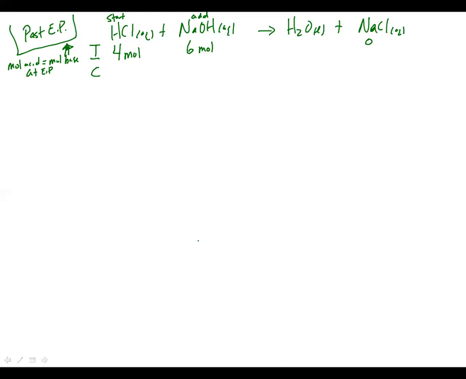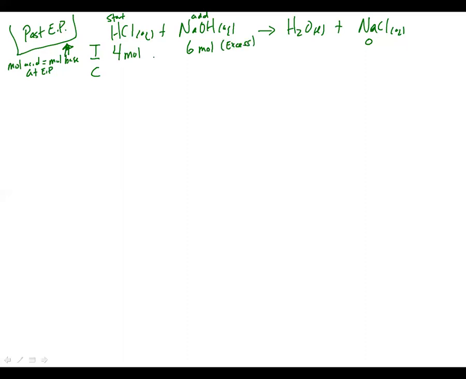There is a switch that occurs in terms of the change part. Because originally in our beaker, we only had 4 moles of HCl to react. When we add 6 moles of sodium hydroxide in there, we have now made our sodium hydroxide kind of our excess reagent, if you want to think about it that way.